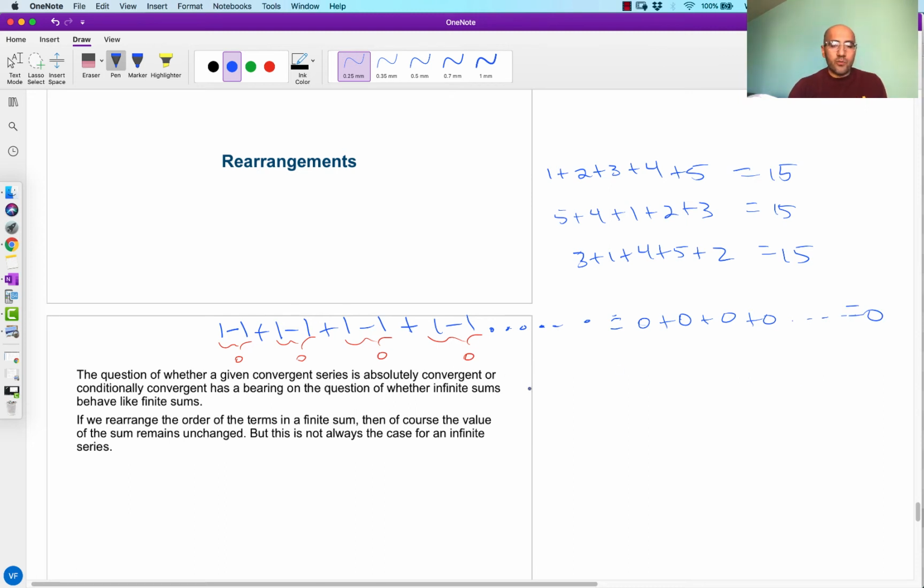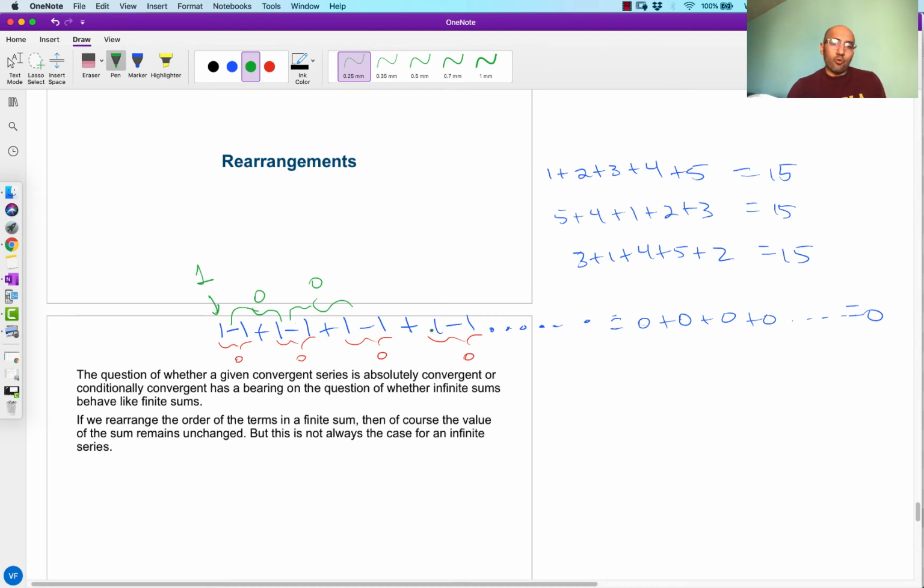And then here's where the trickery comes in. They think, what if we regroup in the following way: skip the first one, and group the rest. This one and this one is a 0, and this one and this one's a 0. So just leave the first one alone, and then group up the other ones.